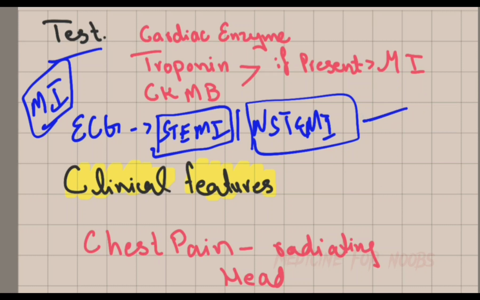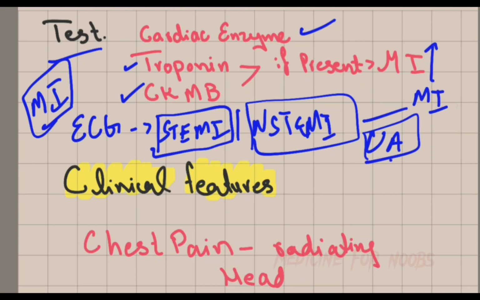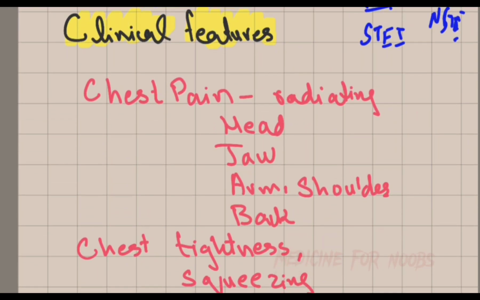So the ECG of NSTEMI is similar to that of unstable angina. That's why we do the cardiac enzyme tests, troponin and CKMB. If these enzymes are elevated, then it will be MI, whether it is STEMI or NSTEMI. Cardiac enzyme is the best thing to differentiate MI from unstable angina.